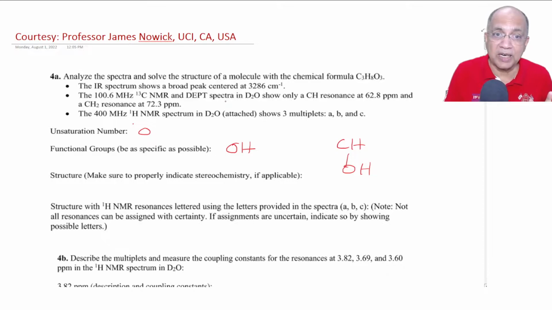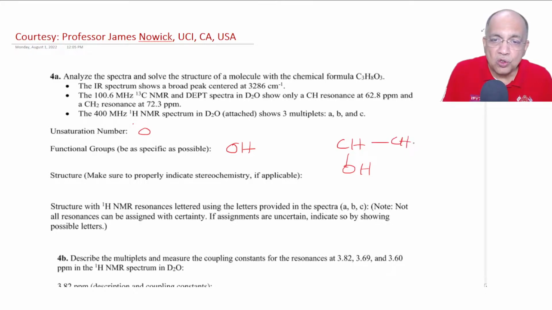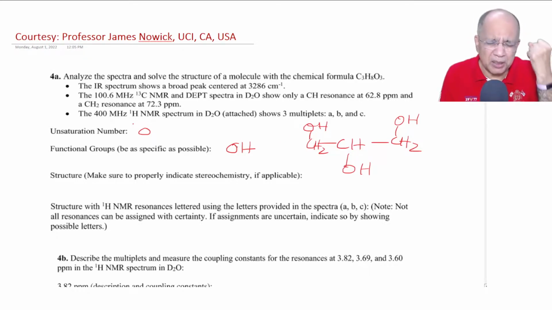You forget about that if you are not familiar with this term. So one CH2 and there are 3 oxygens. So it seems that this is the compound glycerol. When I took this problem, my immediate guess was glycerol.